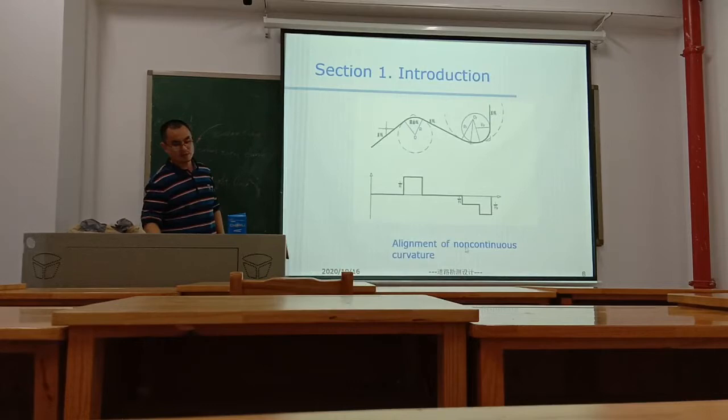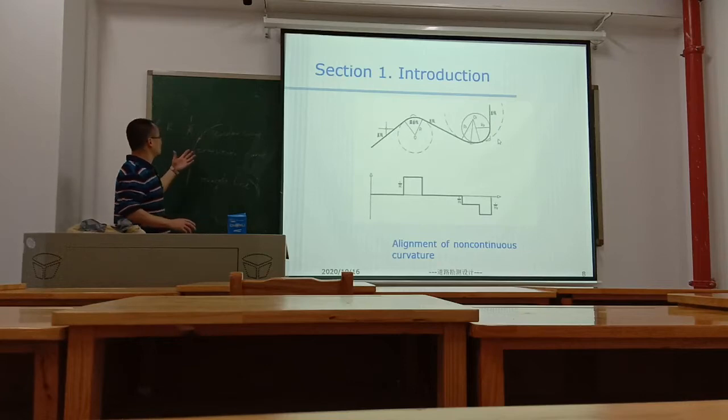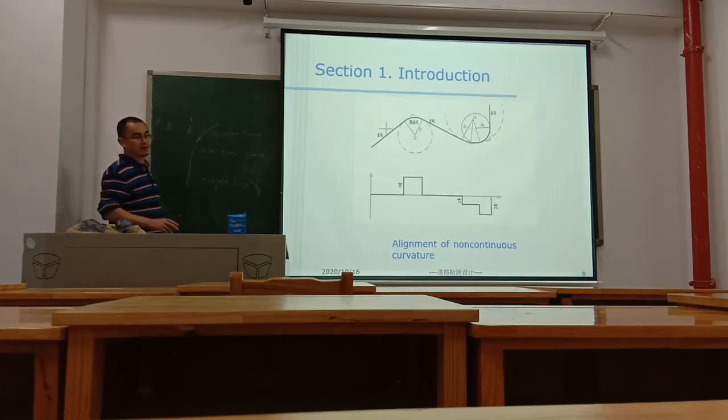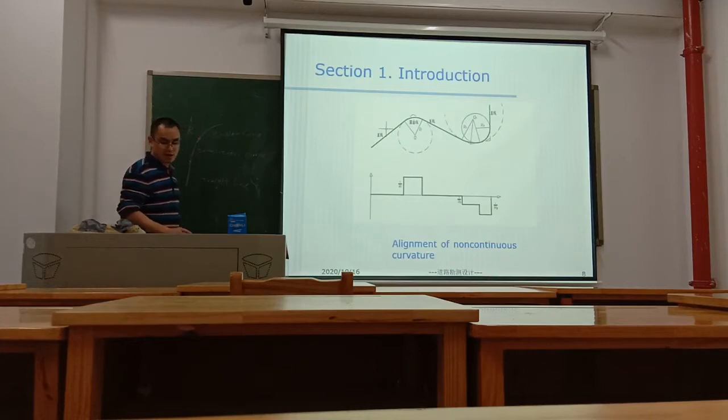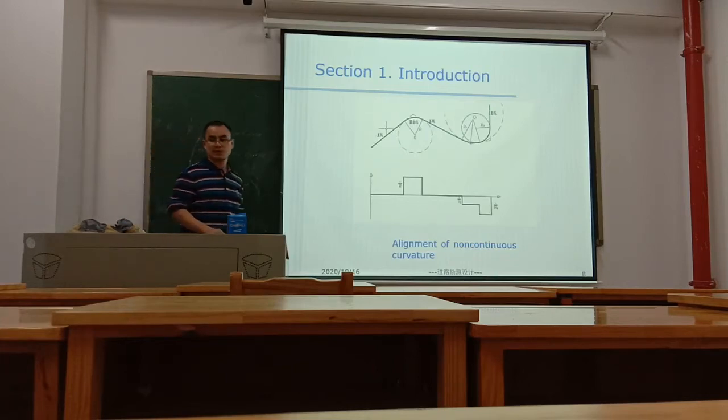This is alignment of non-continuous coverage. If there is no transition curve between the straight line and the circular curve, the alignment is non-continuous coverage, because the coverage of a straight line is, how many?